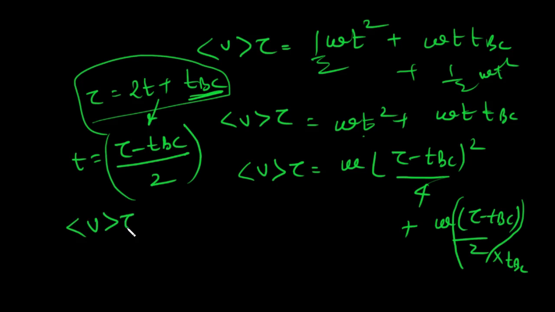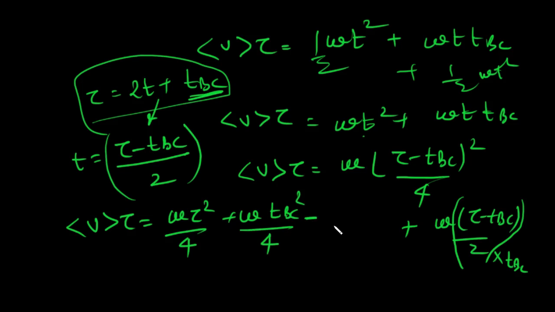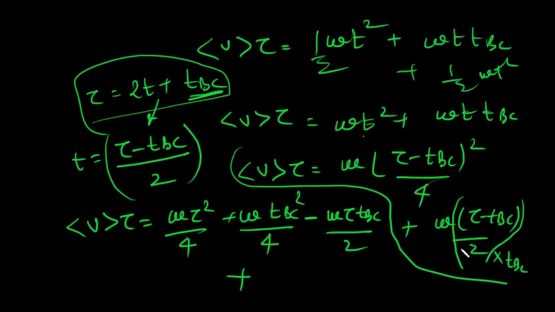So this would be average velocity times whole time, equal to W tau square by 4 plus W time BC square by 4 minus W tau time BC by 2. This is one expression. Plus we solve this now. So we have W tau time BC by 2 minus W time BC whole square by 2.